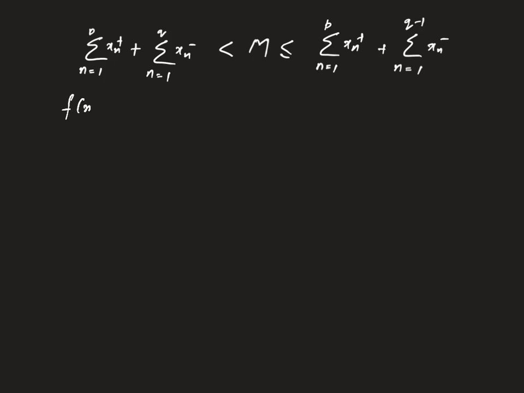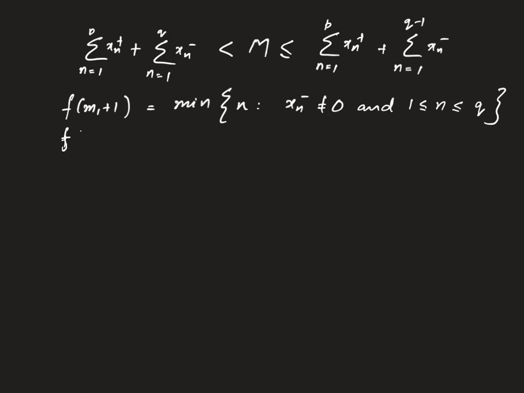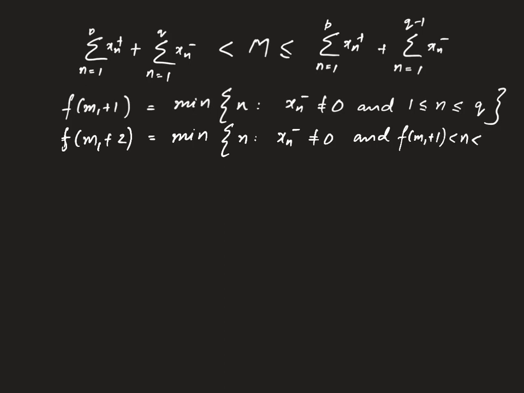For example, we can define f of m1 plus 1 to be the smallest n such that xn minus is not equal to 0 and 1 is less than or equal to n less than or equal to q. f of m1 plus 2 is equal to the minimum of n such that xn minus is not equal to 0 and f of m1 plus 1 is strictly less than n, which is less than or equal to q.